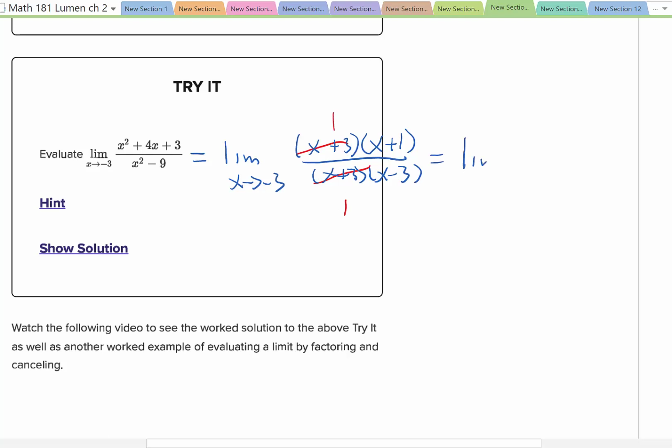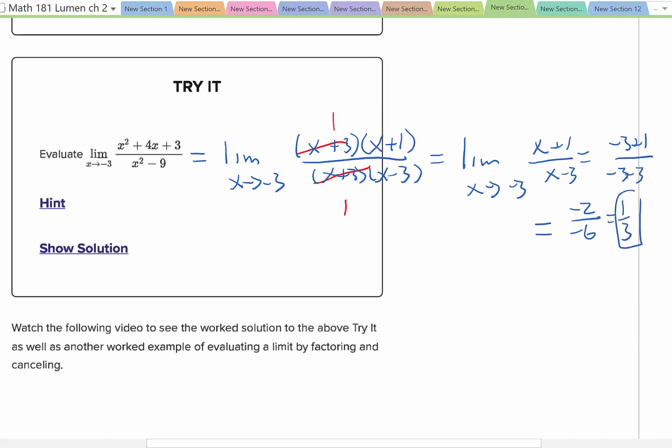The limit as x approaches negative 3 of x plus 1 over x minus 3. And now I can put that negative 3 in there, and that'd be negative 3 plus 1 over negative 3 minus 3. So it looks like it's going to be negative 2 over negative 6, or 1/3.